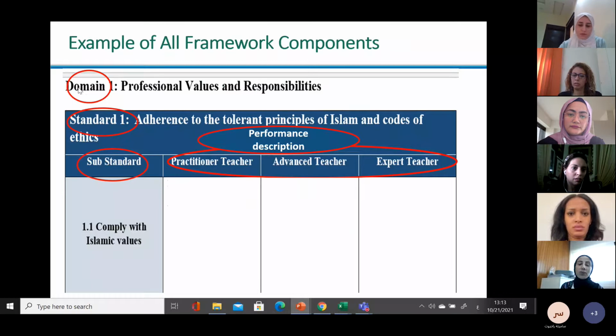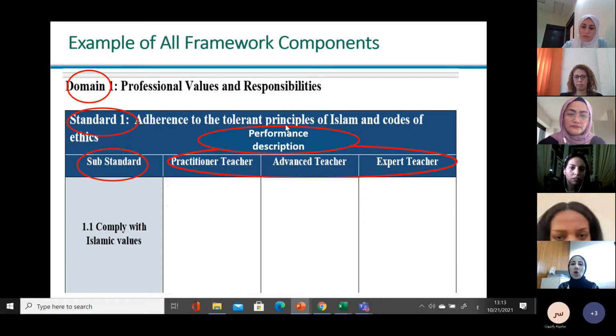Here it will show you the domain. One of the domains is the professional values and responsibilities. And from this domain, one of the standards that go below it is the adherence to the tolerant principles of Islam and codes of ethics. This is the main standard, standard number 1.